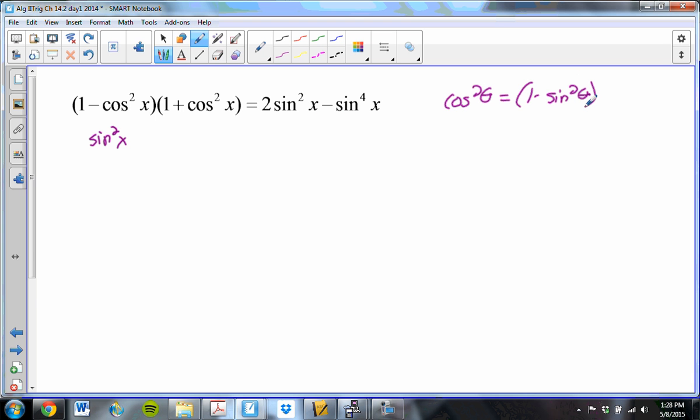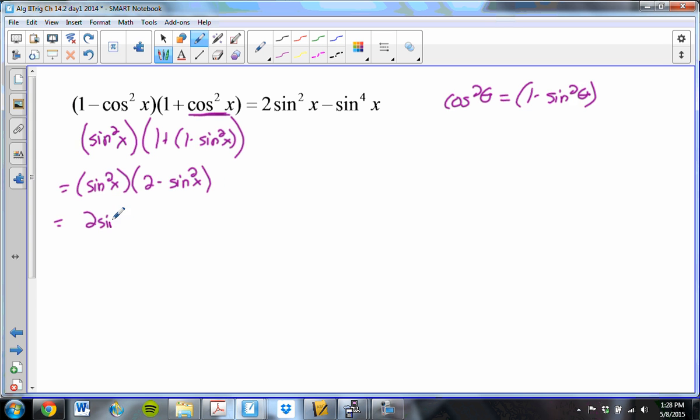I know cosine squared is 1 minus sine squared. So I can take this and take this cosine and change it into a 1 minus sine squared. I'll simplify, so now I have sine squared of x times 2 minus sine squared of x. Ha! And that's going to give me 2 sine squared minus sine to the fourth. Just what I wanted. Beautiful.